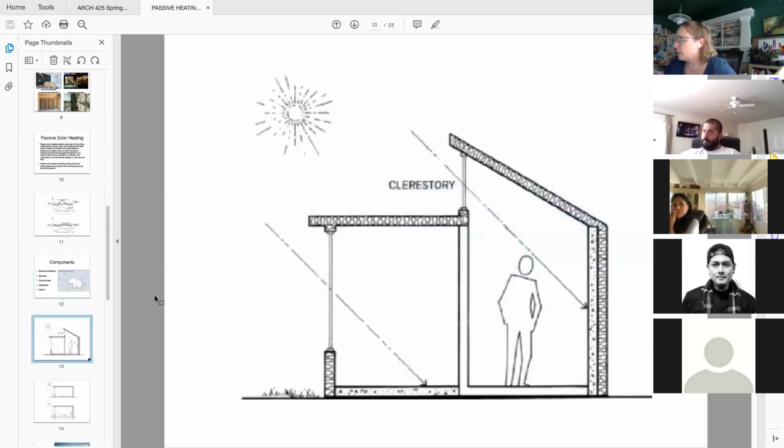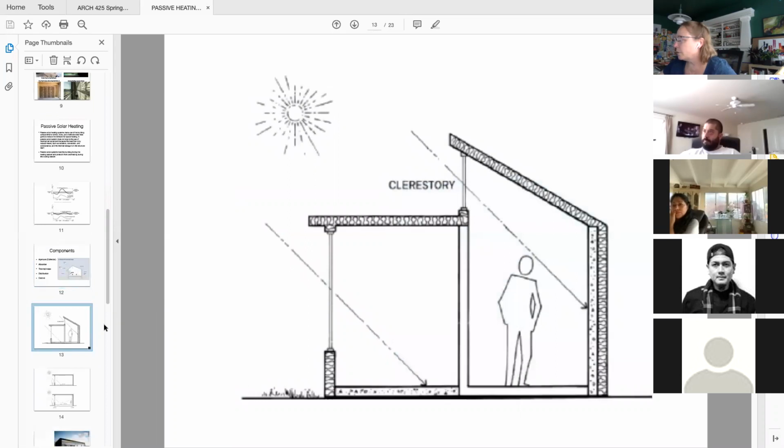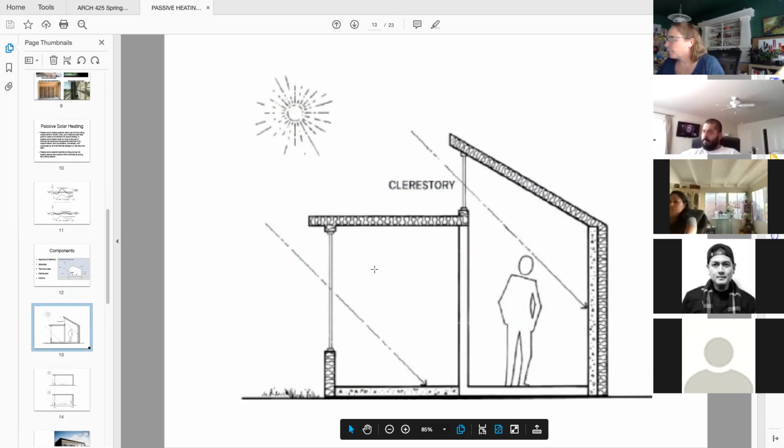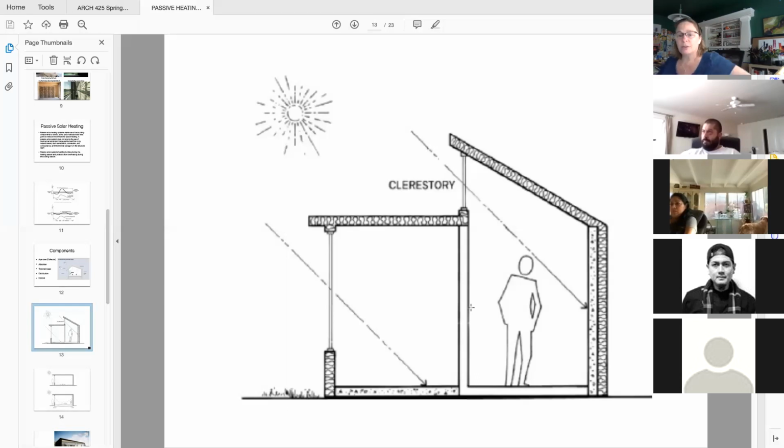There's a couple of really good examples in the book too. I really like this one, where this is showing a system that has 2 different spaces that are separated, but each has their own little passive solar heating system.